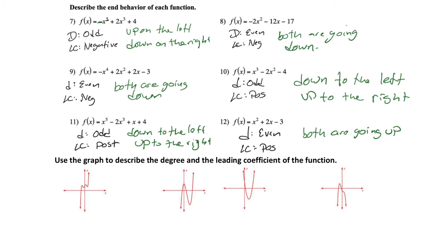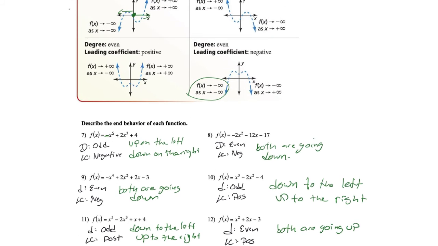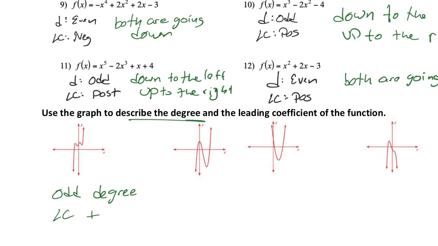Now, it says to describe the degree and leading coefficient. So let's start by looking at what's happening to the left. Right here, if I move to the left, my value is going down. To the right, it's going up. Because one of them is going down and one of them is going up, that means I got an odd degree. And in this case, I know that my leading coefficient is positive because it's going down on the left, up on the right.